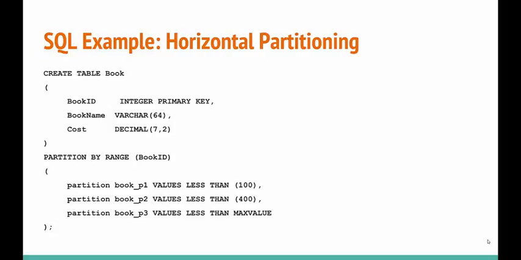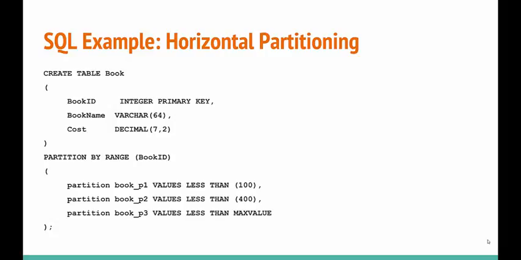Partition book underscore P1 will store all those records whose book ID has a value less than 100. Partition book P2 will store all those book records whose book ID value is between 100 and 399. Partition book P3 will then store all the rest. Max value in this concept means the maximum allowable integer. It's kind of like a catch-all.